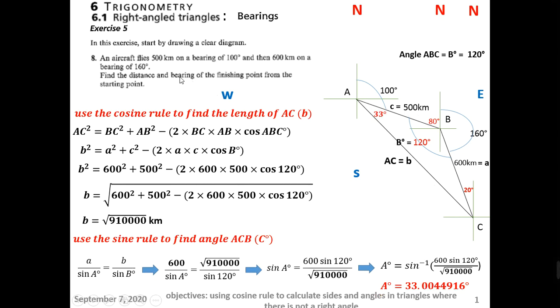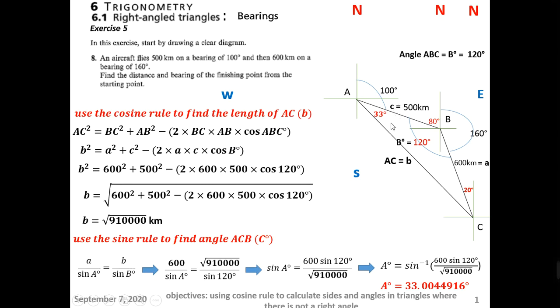Now that I'm finding the bearing of the finishing point from the starting point, this is my starting point, like I said, and the bearing is measured from the north, and you go clockwise. Shall I stop at the line AB? No, because they said the bearing of the finishing point.